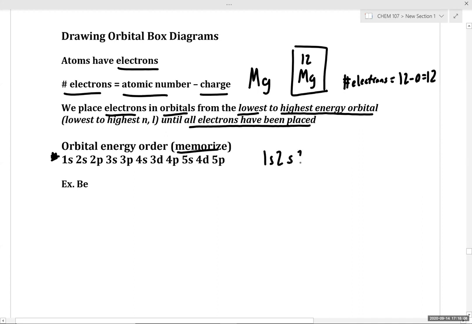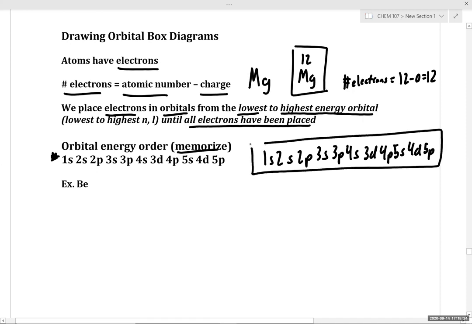It's 1s, 2s, 2p, 3s, 3p, 4s, 3d, 4p, 5s, 4d, 5p. So this is the orbital energy order that you'll need to be familiar with for this class. And this covers and will allow you to write orbital box diagrams for the majority of elements in the periodic table.